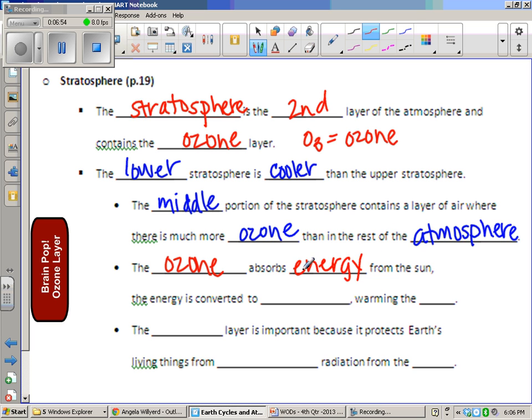And that energy is converted to heat and it warms the air. And the ozone layer is important because it protects Earth's living things from dangerous UV radiation from the sun.